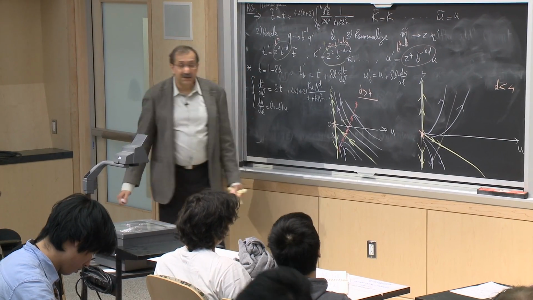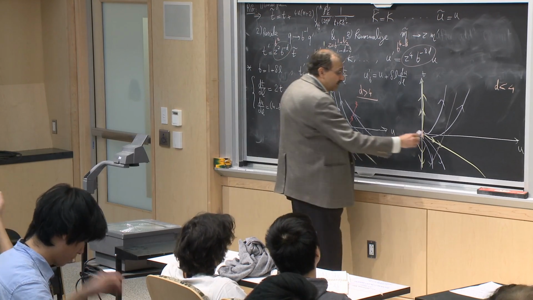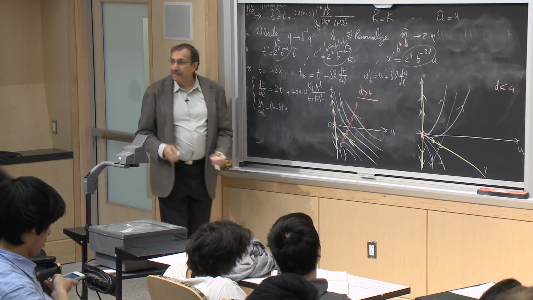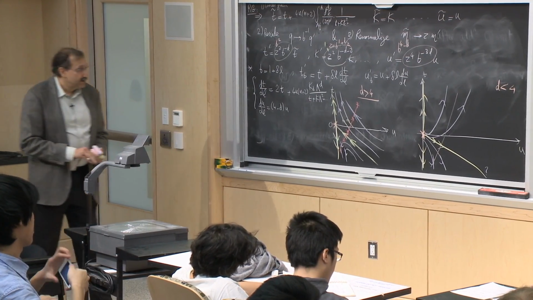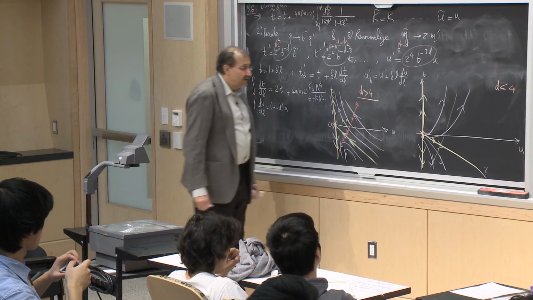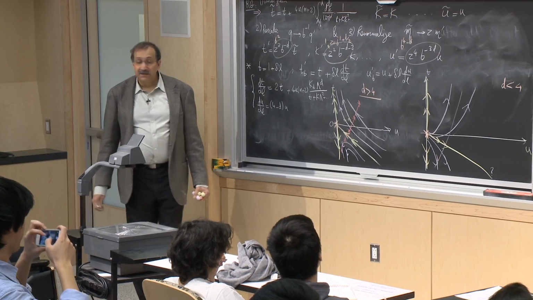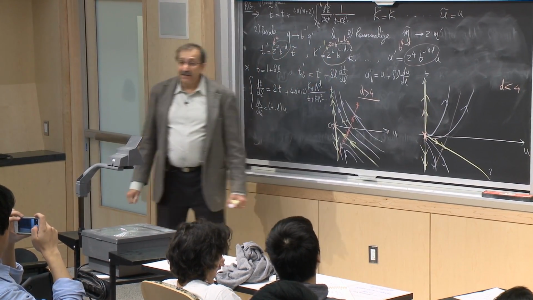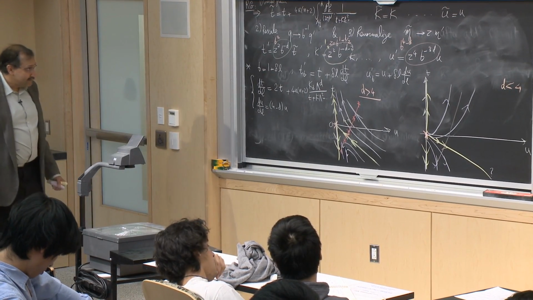Here, for d greater than 4, it went to the Gaussian fixed point. Here, currently, I don't know where it is going. So I have no understanding at this level of what the scale invariant properties are that describe magnets in 3 dimensions at their critical temperature. Okay?